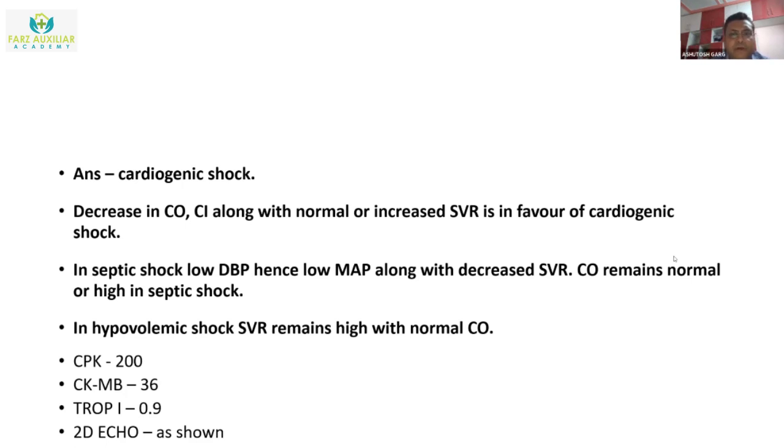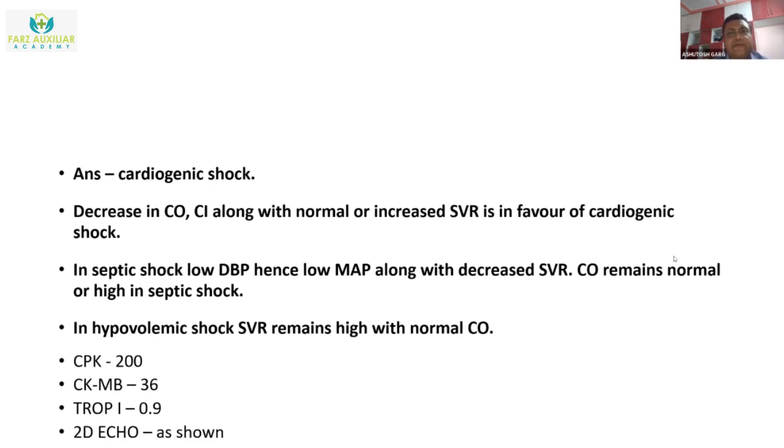In hypovolemic shock, SVR remains high with normal cardiac output, or if cardiac output is a little bit less, the most important thing is the low filling pressure. So if filling pressures of all four chambers are low, then you are dealing with hypovolemic shock, because sometimes there is a decrease in cardiac output in hypovolemic shock also.